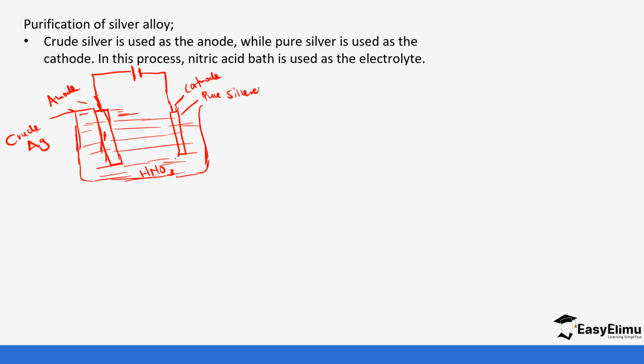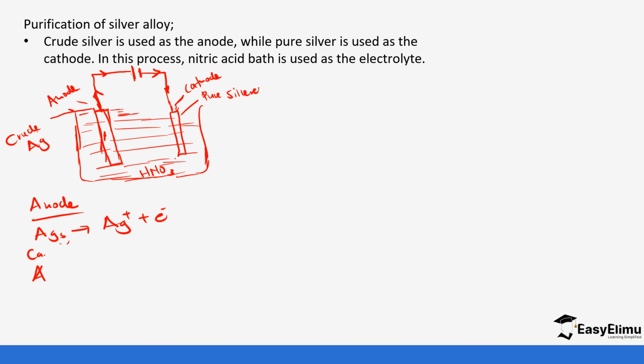Electrons flow from the anode to the cathode through the wires. On the anode, silver is discharged in solution to give silver ions, and an electron is given off. This electron travels to the cathode. Remember, there are silver ions in solution.